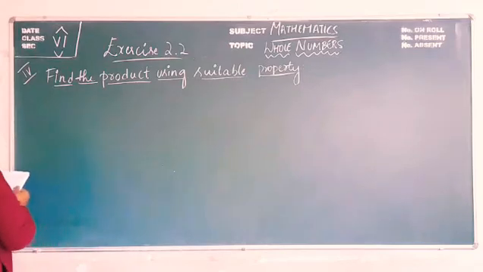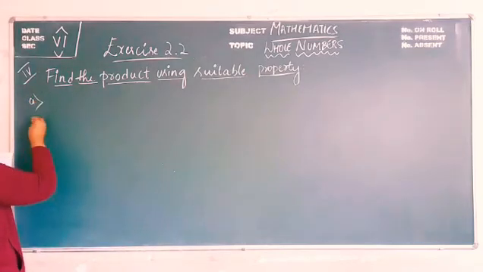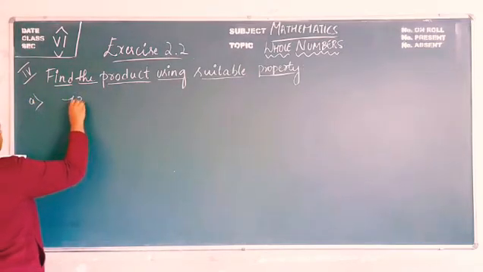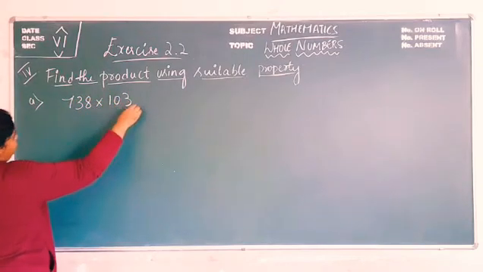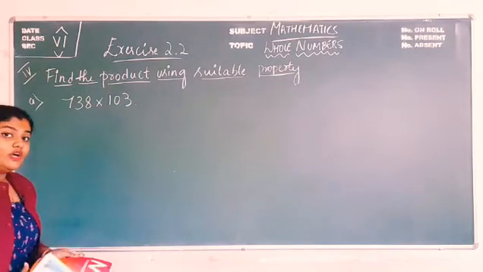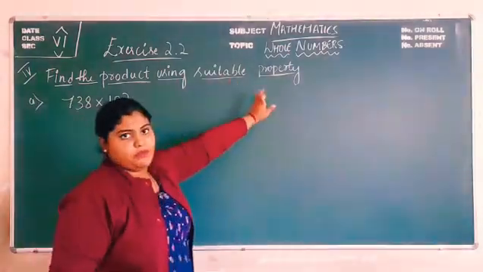So under that, subquestion A, 738 into 103. So you have to find out the product using suitable property.